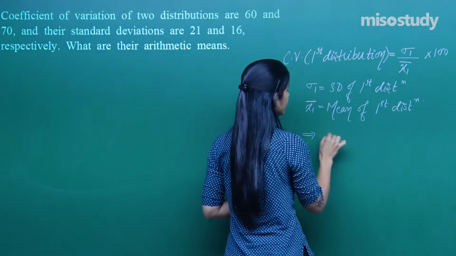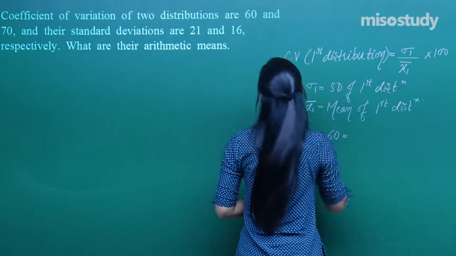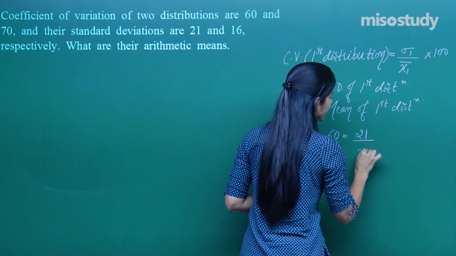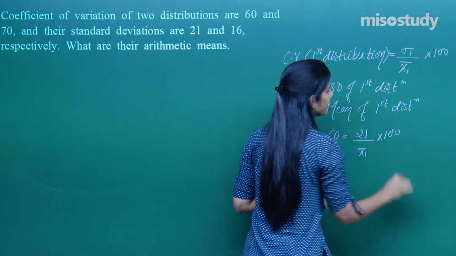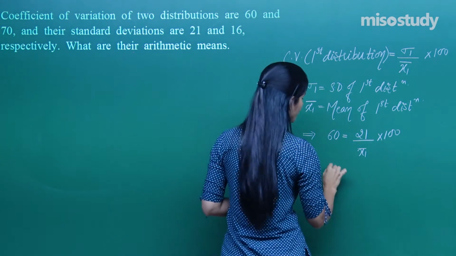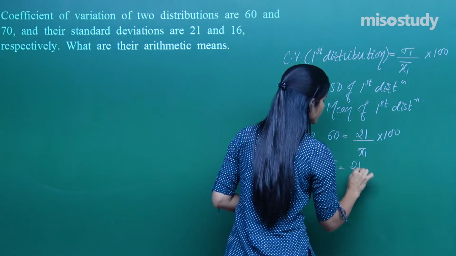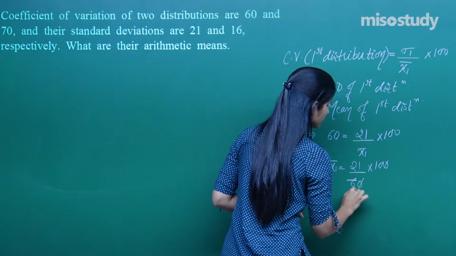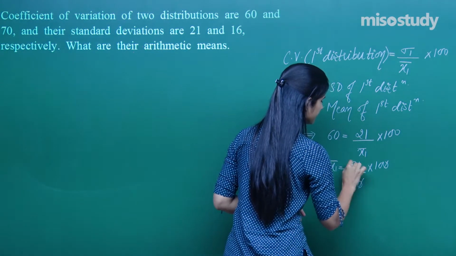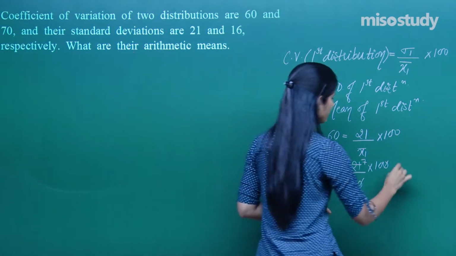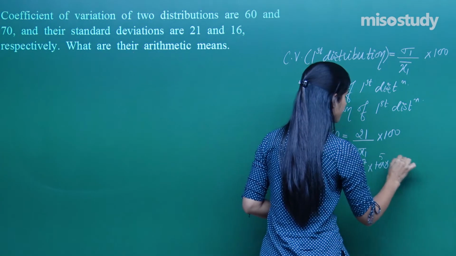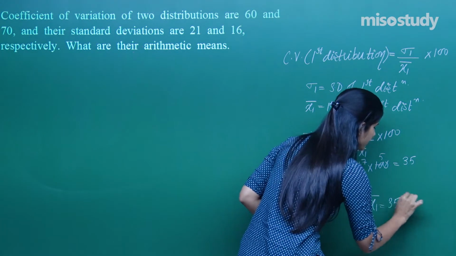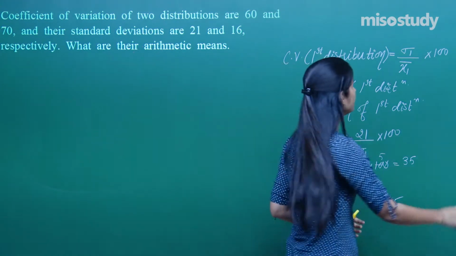So, the left hand side is 60, sigma 1, that is standard deviation for the first distribution, is 21, mean I do not know, multiplied by 100. So, you will be getting x1 bar is 21 upon 60 into 100, this cancels out. What you are left with is 35. So, mean of the first distribution is 35.